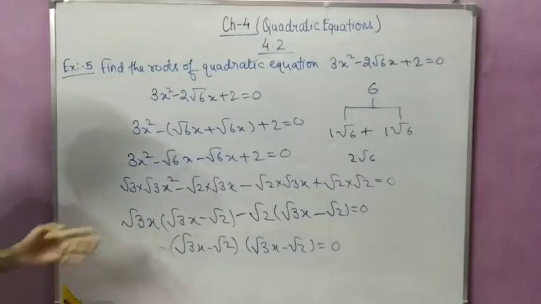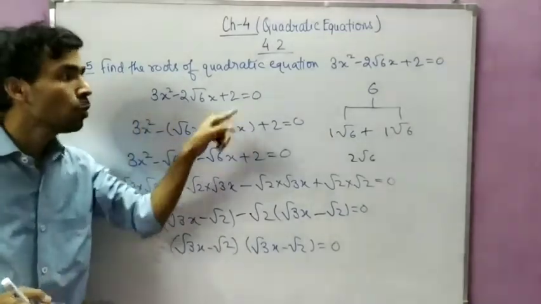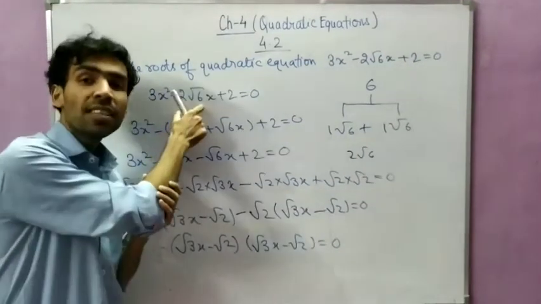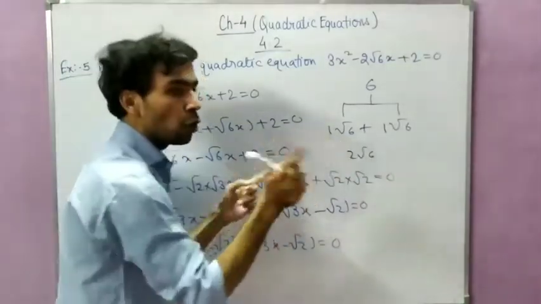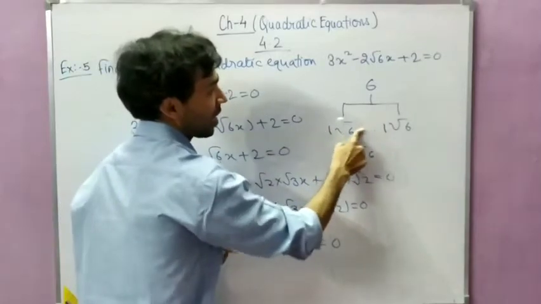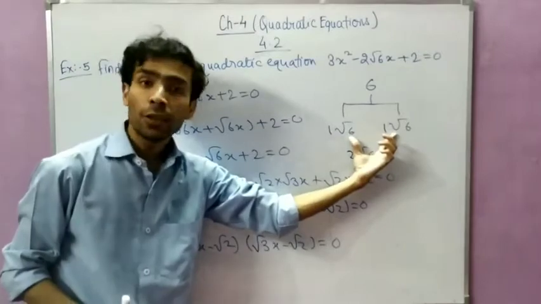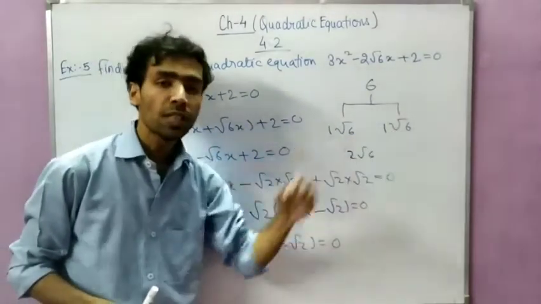Okay, so note down this thing. See student, what we have done: we multiplied this 3 to 2, we got 6, because it is a plus sign. In the middle term, root 6 is there. So first I gave root 6 in both the two factors, so that when I add them, I will get 2 root 6, which we want. That's why the two factors are root 6 and root 6.